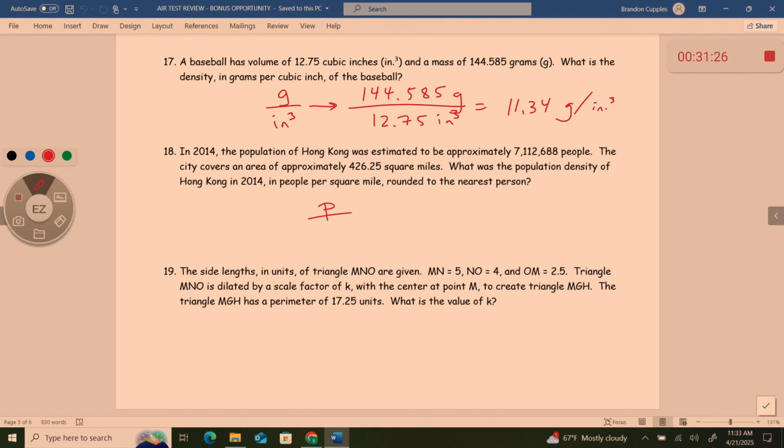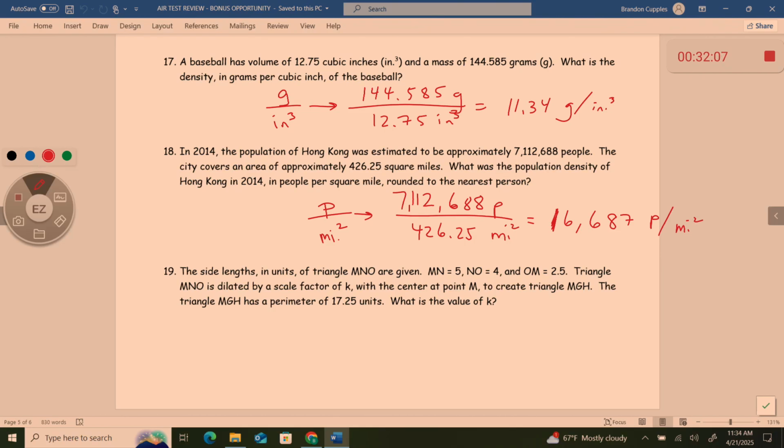What we're going to do is take the number of people over the number of square miles, and that should give you the population density of 16,687 people. So again, density, easy points there. We just have to know how to put things together.